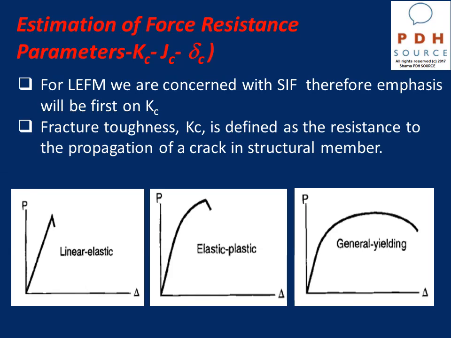Now, fracture toughness of a material or resistance can vary between linear elastic with no ductility, elastic plastic with limited ductility, and general yielding with considerable ductility.